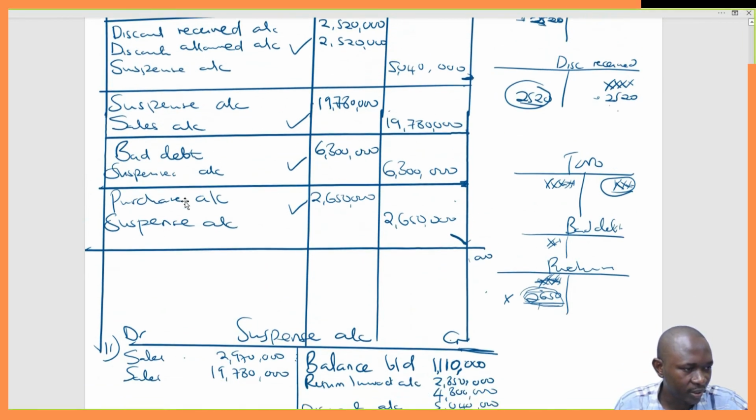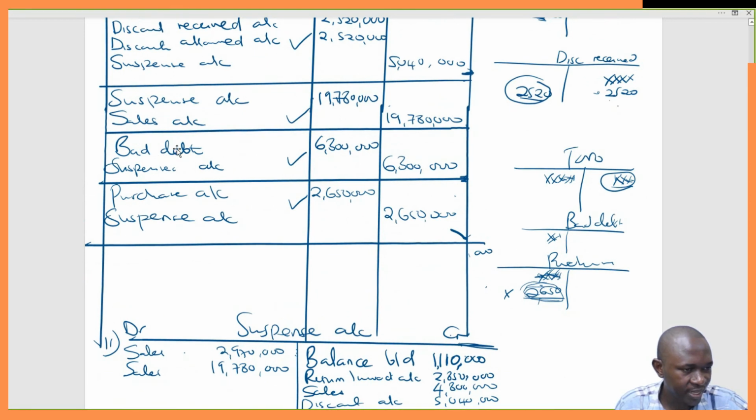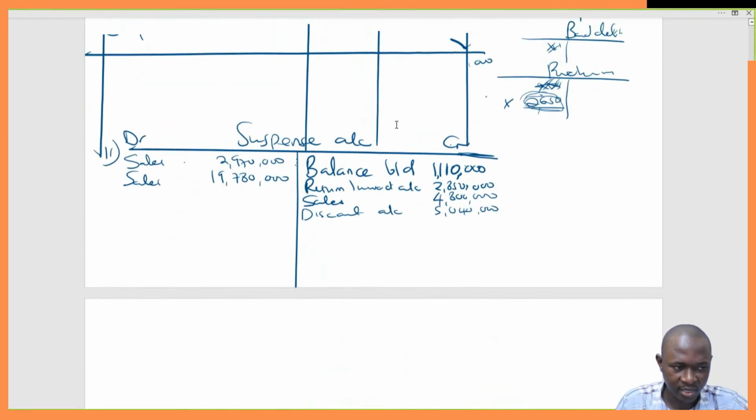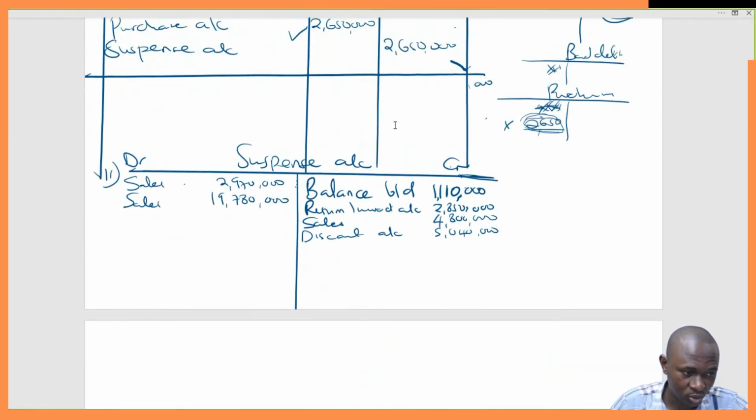And then the next item, bad debts. Bad debts is the reason, but suspense account has been credited. So bad debt, and the amount is 6.3 million, like that.